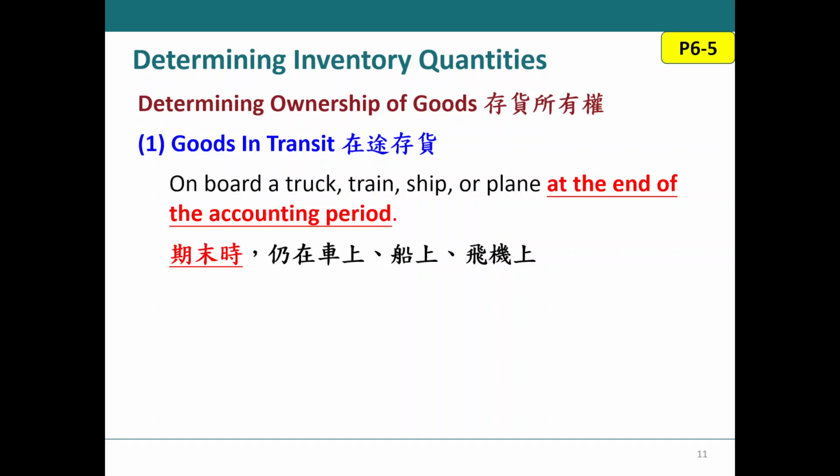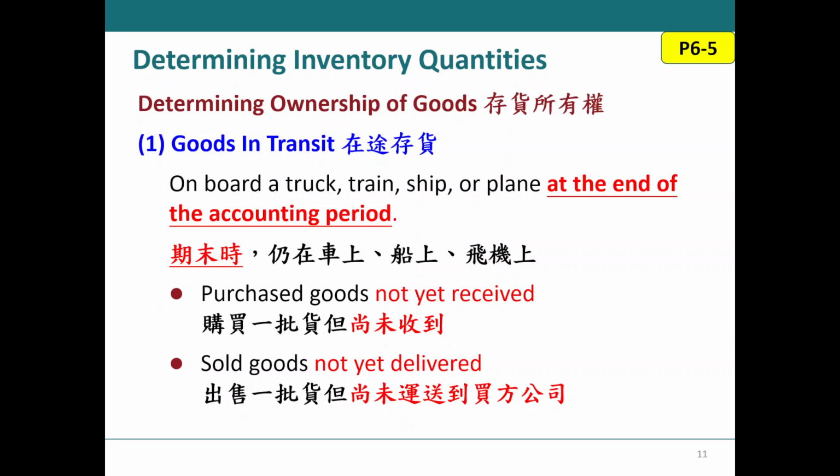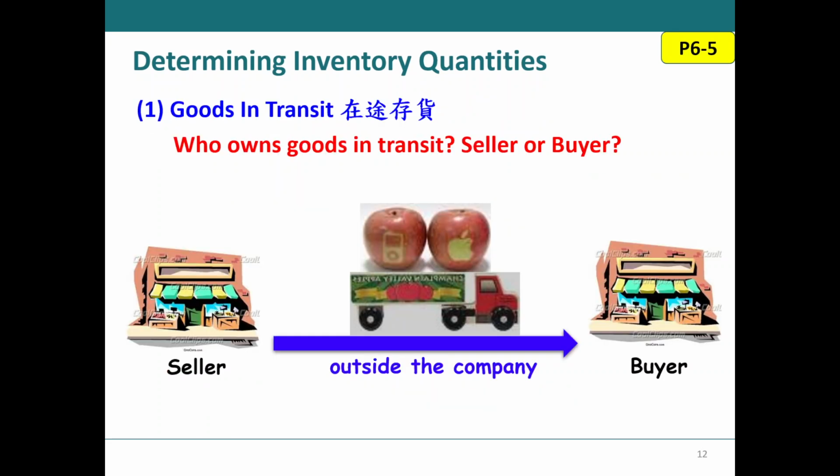So based on this situation, who owns these two apples on the way?